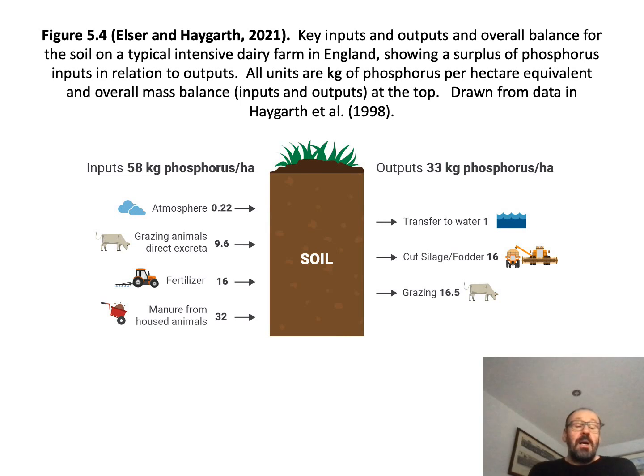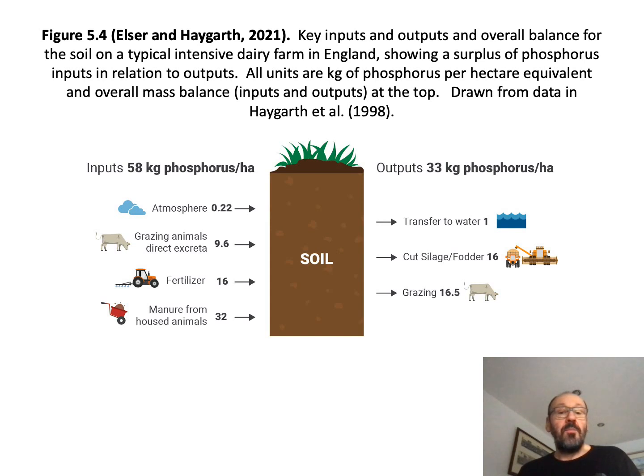Another schematic here shows you a typical phosphorus balance for a developed piece of agricultural production system, typical of a dairy farm in the southwest of England, but really an exemplar of many parts of the productive agriculture around the world.